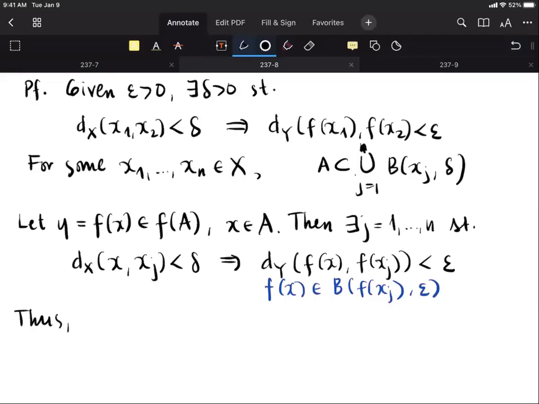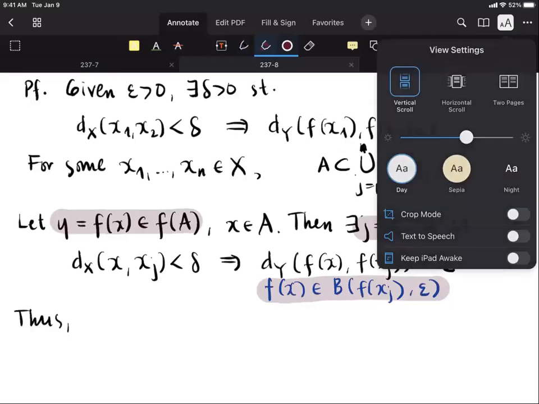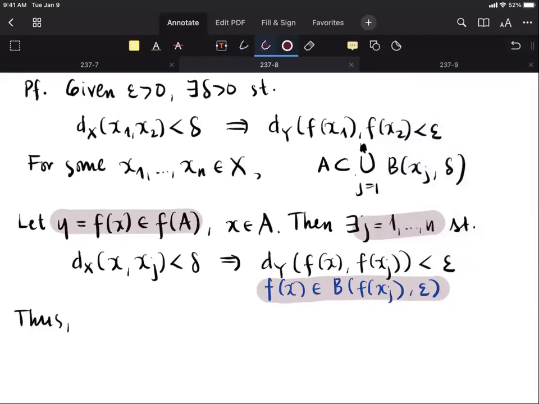Thus, we pick an element in f of A. We have established that this image is in this ball for some j.